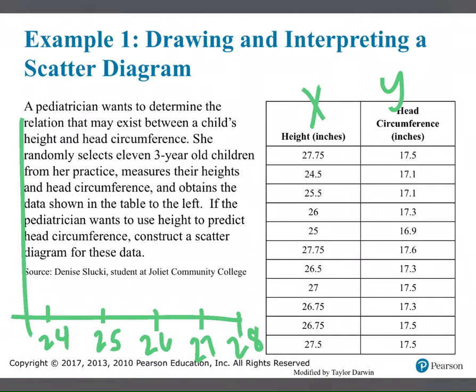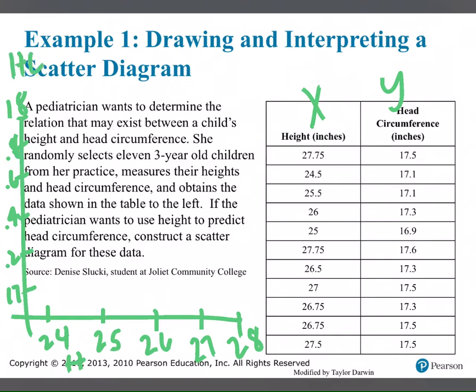And then for the head circumferences, I will just do 17.2, 17.4, 17.6, 17.8, and then 18. But anyways, this is your height, and then this one was head circumference.